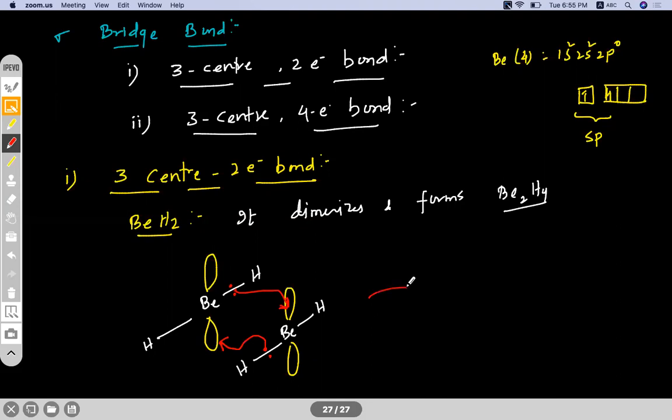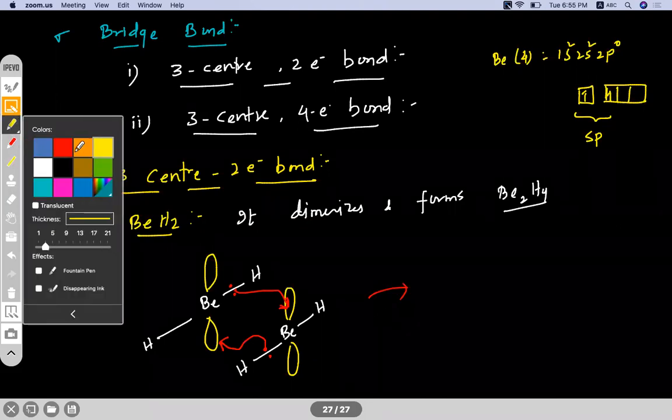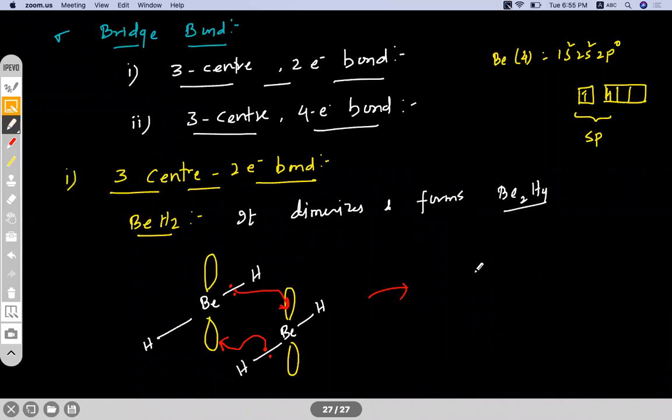So this converts into this molecule: beryllium at the two corners, one hydrogen this side, one hydrogen this side, and here also we have H and Be. This is the dimerized form, Be2H4.